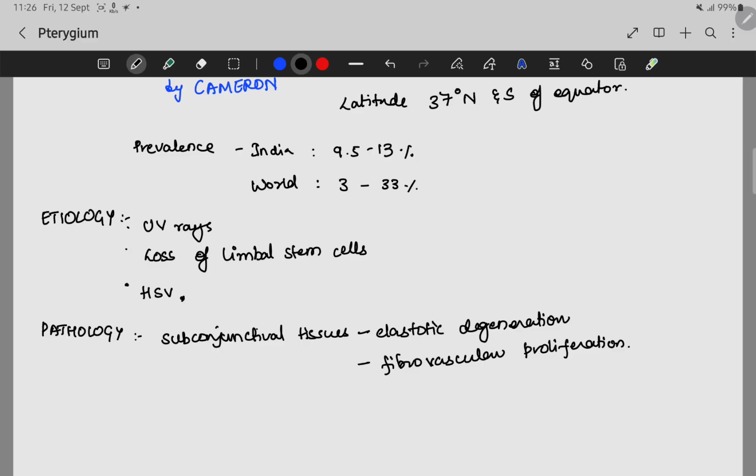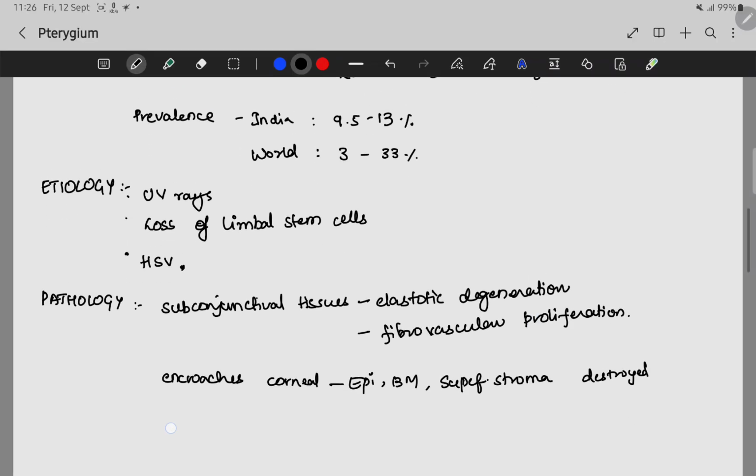So it encroaches upon the cornea, therefore the corneal layers, that is the epithelium, the Bowman's membrane and superficial stroma, are destroyed or involved. On immunohistochemistry, it is matrix metalloprotease positive.